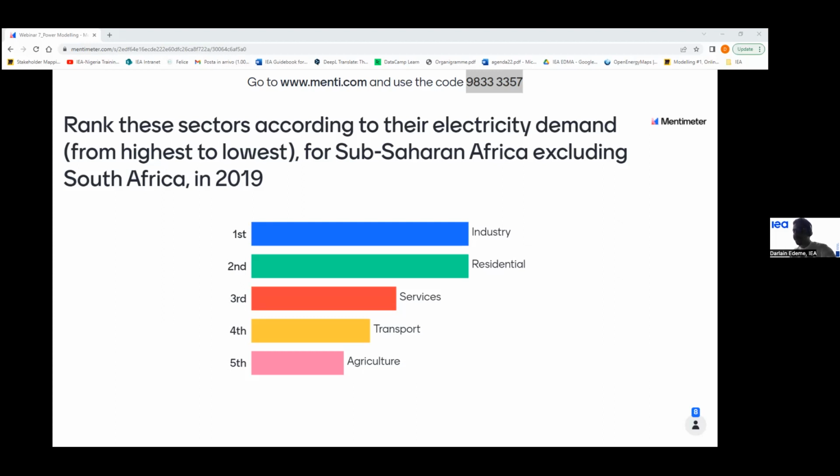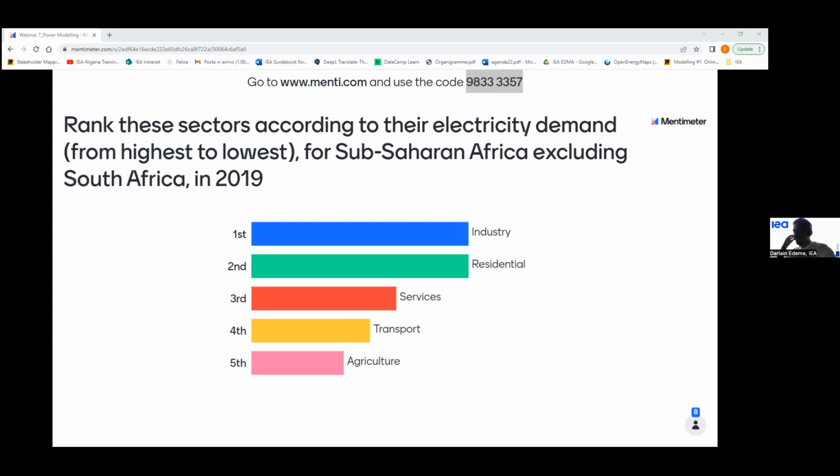Then they are followed, far from those values, at more or less half of them, by the services sector, which accounts for 40 terawatt hours.